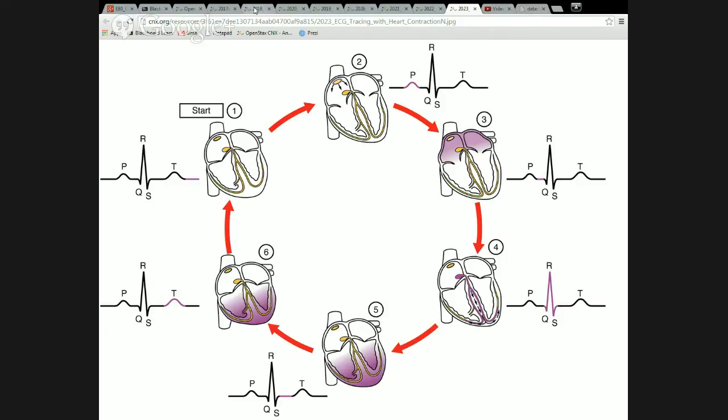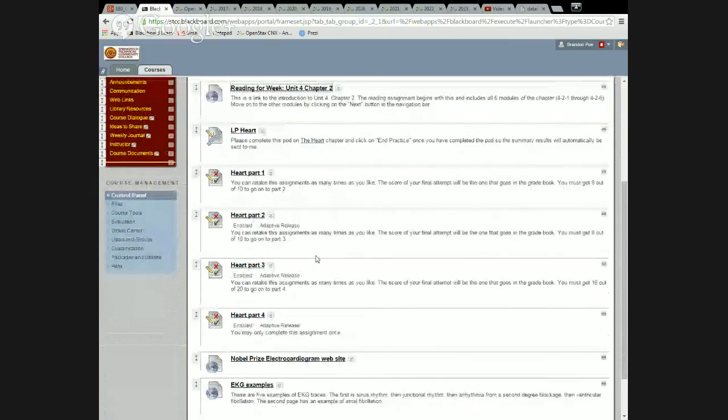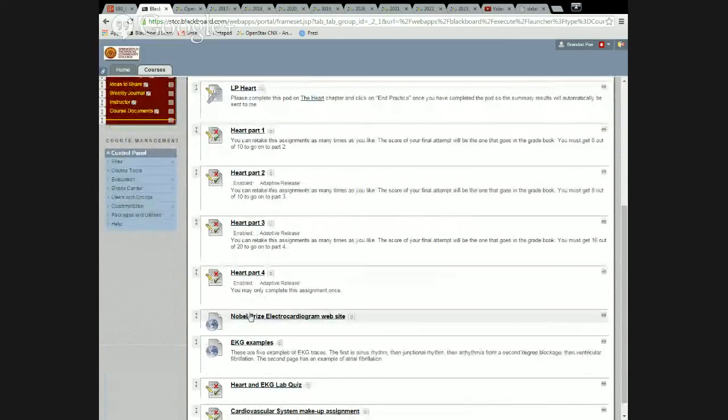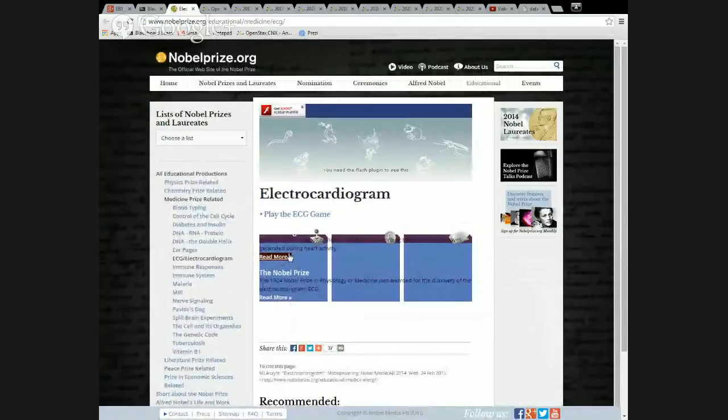Now, back in Blackboard, I have a link here that goes to the Nobel Prize electrocardiogram website. And you're familiar with the Nobel Prize website because we used it for the blood last time. This goes to first a landing page that when I originally put the link in there, the landing page looked better, but for whatever reason, the page doesn't code properly, so you don't see things.